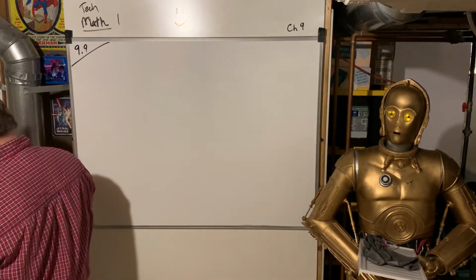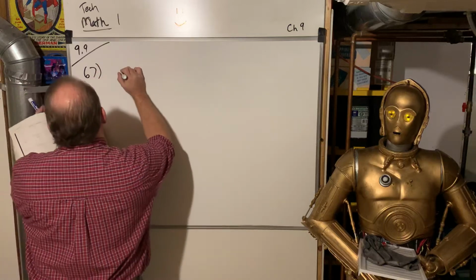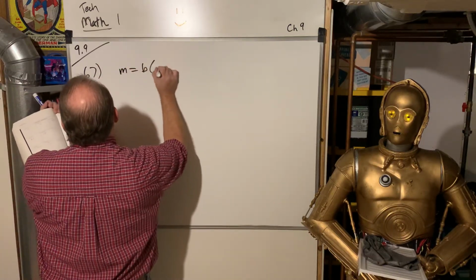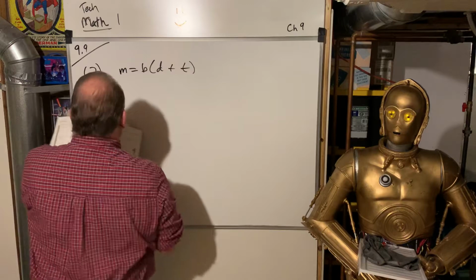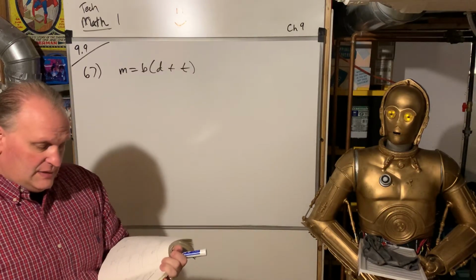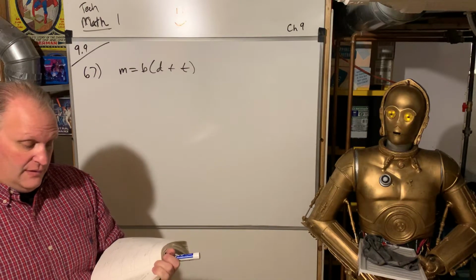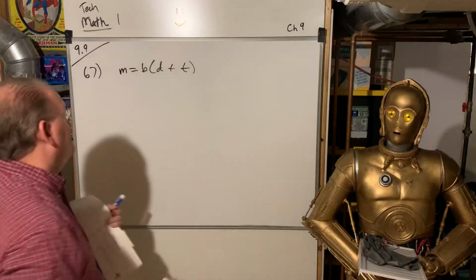So 9.9, let's look at 67. That is m is equal to b times d plus t. And what do they want us to do here? Solve for t. Okay.